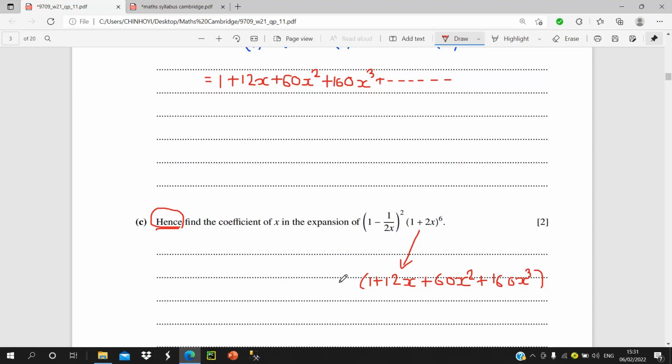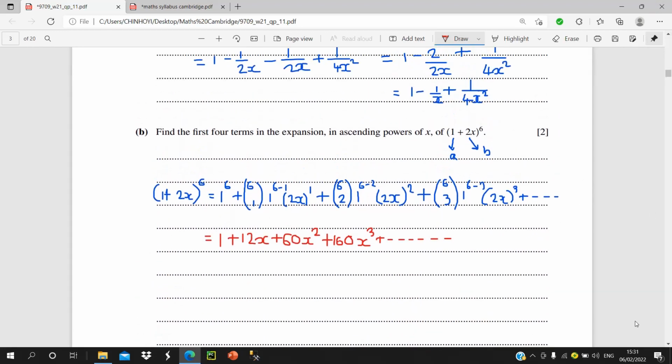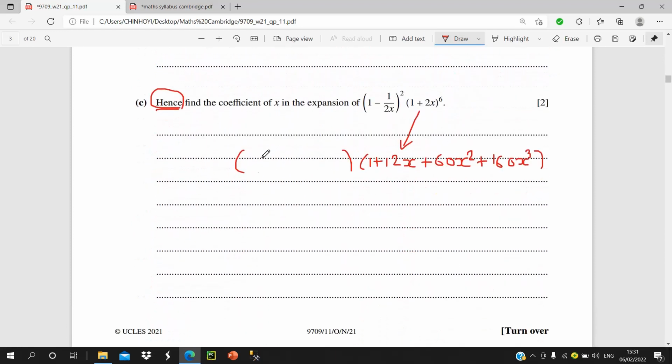Then for the one for part A, I think we have expanded this one. It was, as you can see here, 1 minus 1 over x minus 1 over 4x squared here. So we're going to say it's 1 minus 1 over x plus 1 over 4x squared.